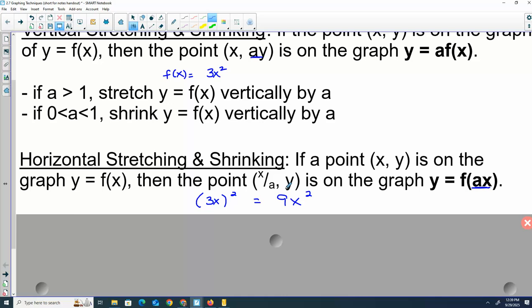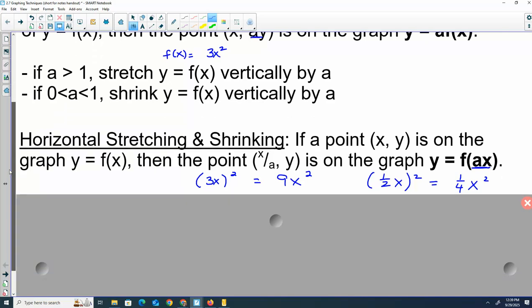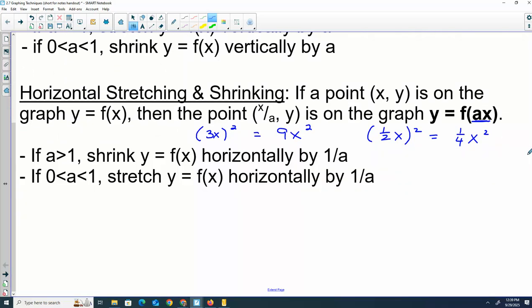It'll stretch it. If I put like a 1/2 x inside my function, that would be equivalent to multiplying the y by 1/4, so it would get shorter and fatter. So inside does the opposite of what we would normally think for that reason. So bigger than 1 is a horizontal shrink, between 0 and 1 is a horizontal stretch.